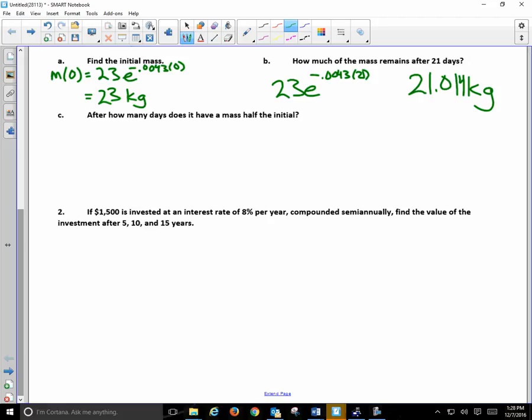Okay, this question: after how many days does it have a mass that is half the initial? That's a lot more difficult, isn't it? Well, what's half the initial mass? 11.5, awesome.